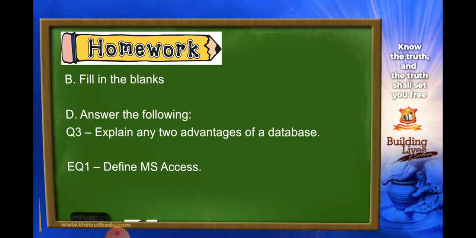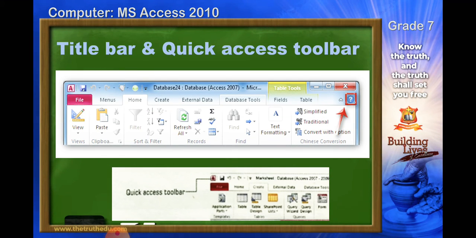So students, there are a few things which I want to talk about, which is the ribbon. We all understand what the ribbon is and how it is used. We also know how ribbons have become very common from Office 2007, where all the features are placed in a particular rectangular box. You just have to click on it and you can use that tool.